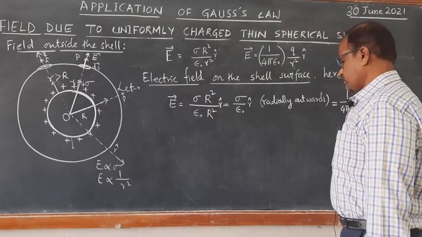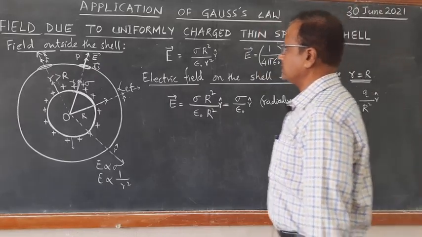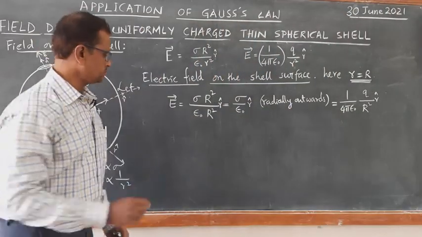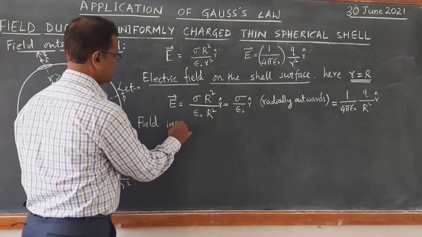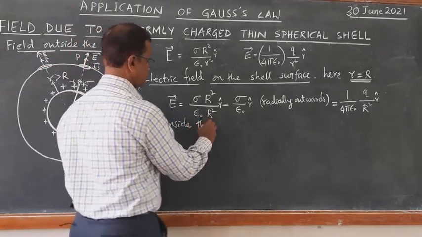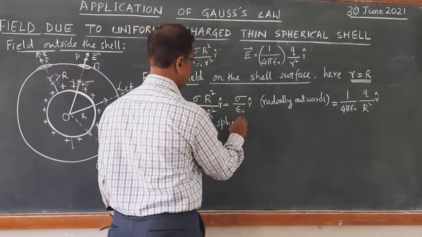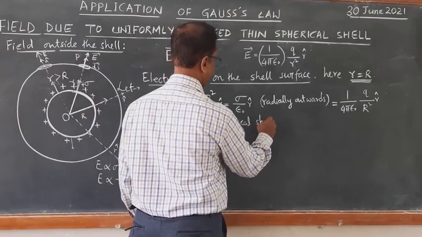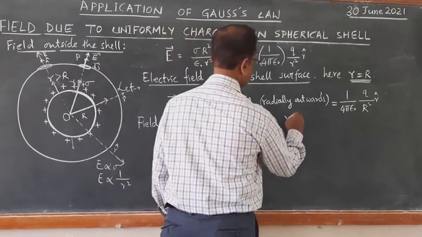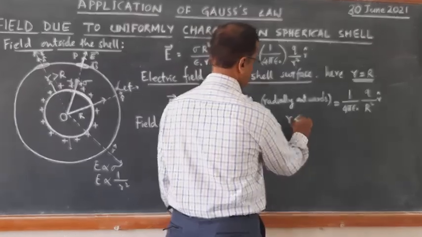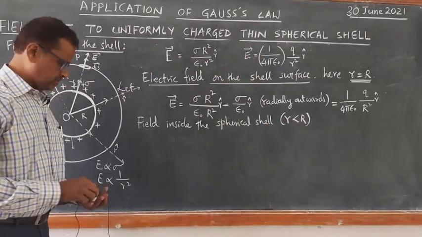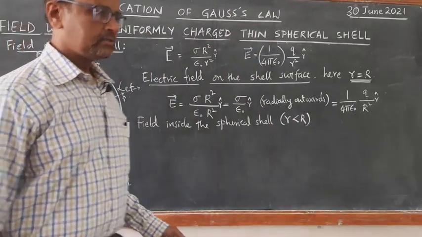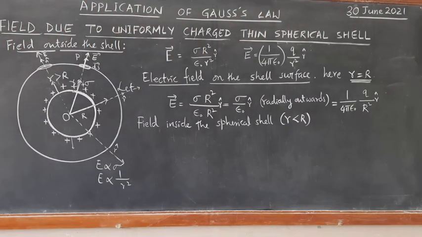Now, in the same way, we can derive the electric field inside the shell, inside the spherical shell, at a distance r which is now less than capital R. So we will construct a Gaussian sphere of radius small r.